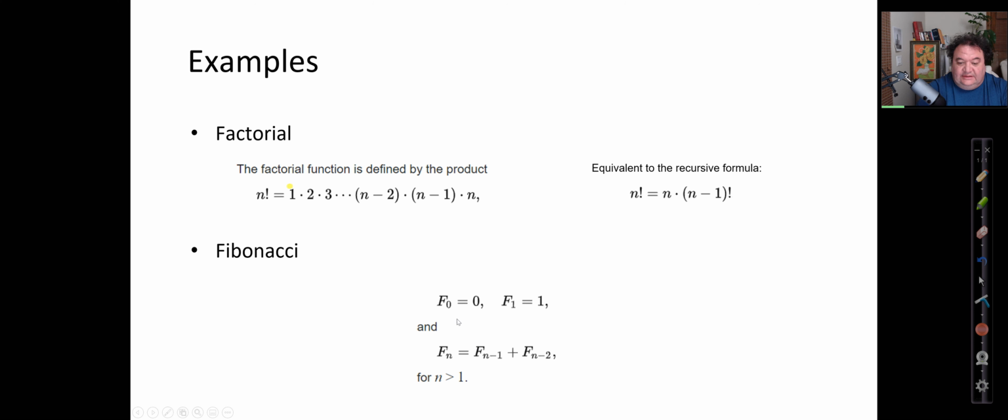So for a sequence of Fibonacci numbers, the Fibonacci of index 0 is 0, the Fibonacci of index 1 is 1, and then the Fibonacci of index n is the sum of the two previous Fibonacci numbers. So this is the initialization, and this is the recursive formula. So n depends on n minus 1 and n minus 2.